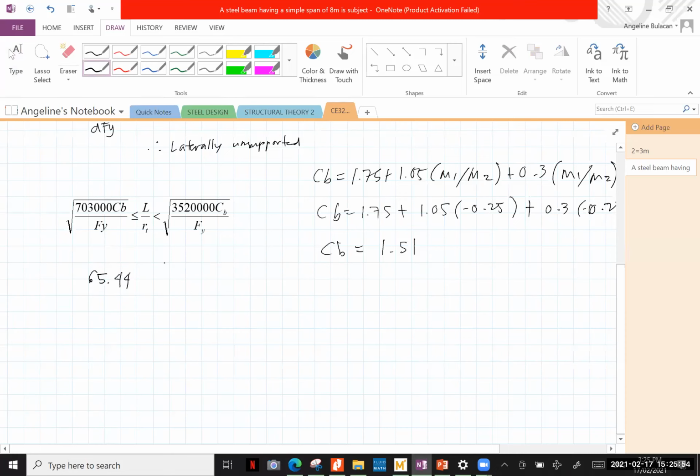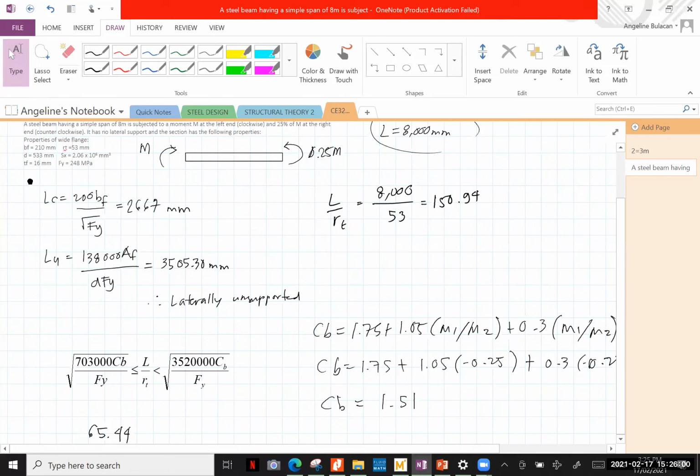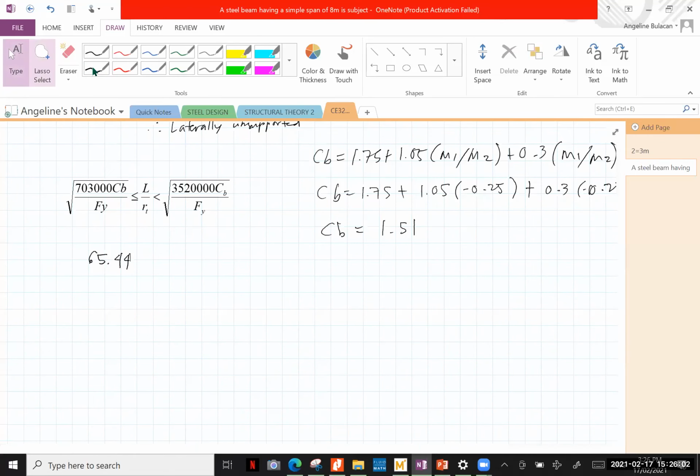Ang L over RT natin, ano nga? Sorry. 150.94. So, 150.94. So, greater than siya. Check na lang natin itong isa kung greater than ba.